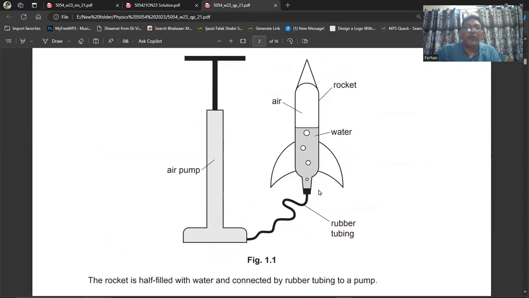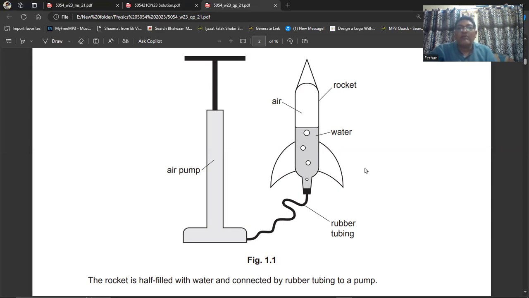You see, when the tubing is intact, the water and the rocket are stationary. So the velocity of the rocket and the water is 0, and the initial momentum of the rocket and the water is 0. When this tubing is removed, the water starts moving downward, so the water will have a downward momentum.